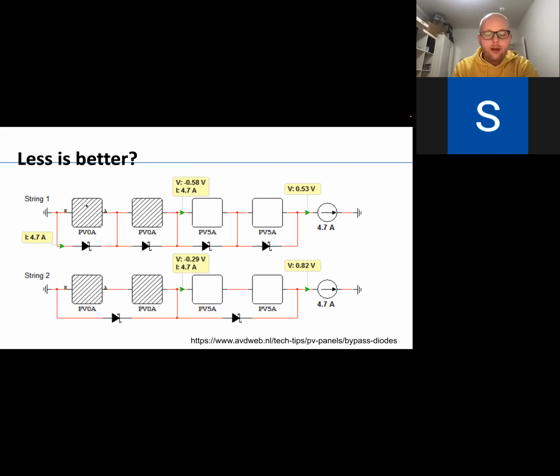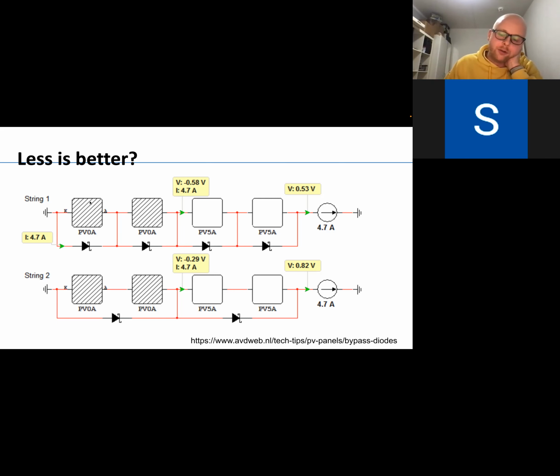So sometimes it's better to bypass multiple solar cells all at once in order to mitigate some of the diode drop when using normal diodes. There's a lot of different ways to connect diodes. It's just important to know that when a diode is conducting, it has a negative voltage drop.